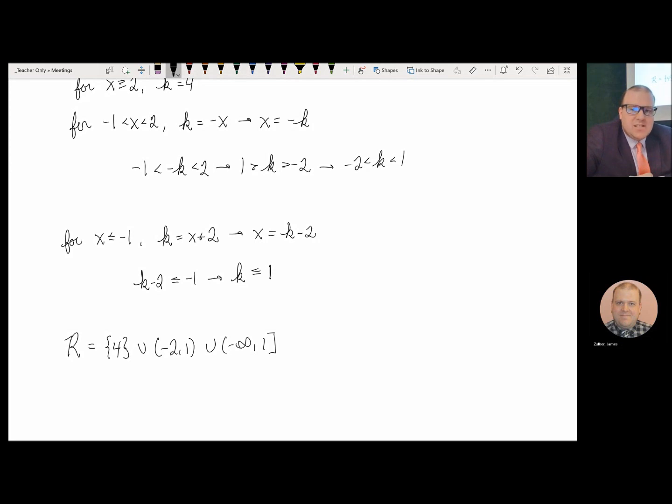That one is a bracket, yes, because it's less than or equal to. But isn't that middle interval contained in -infinity to 1? So there's your range.